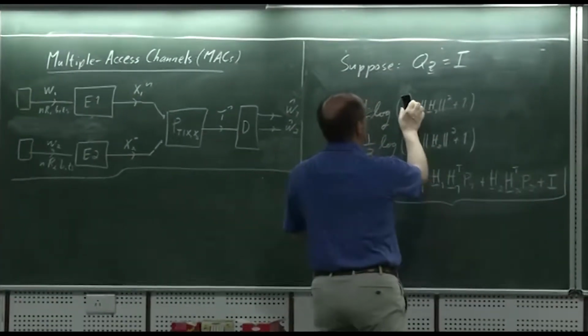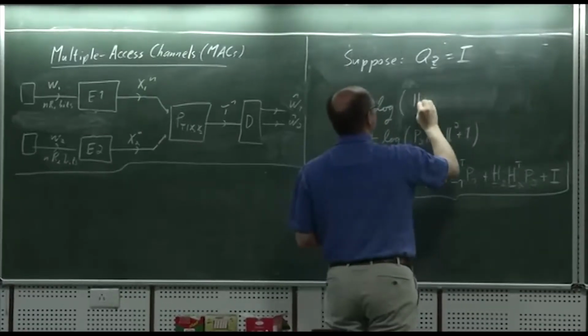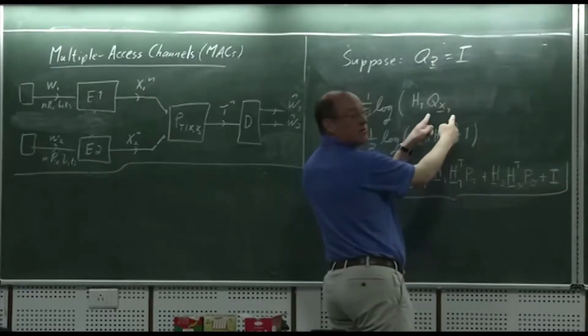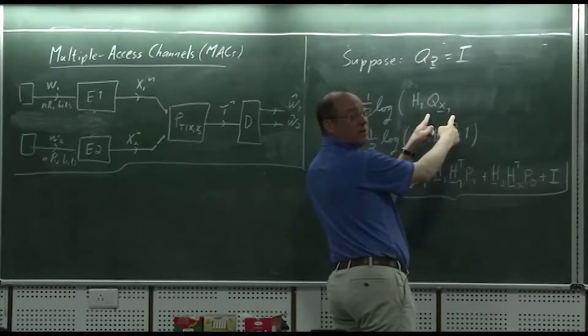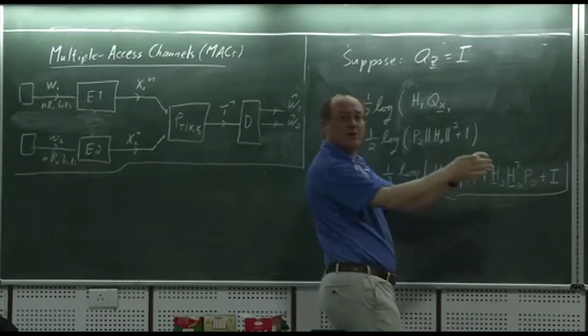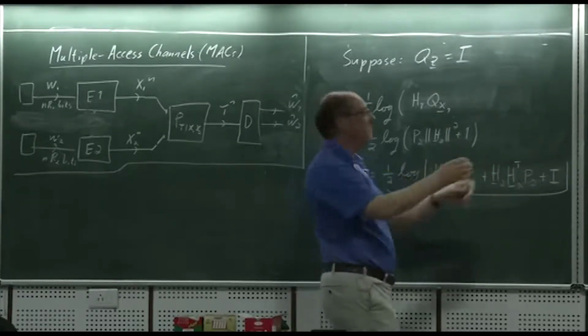So if I write back what the rate region looked like, let me write that again. So we'll get H1, which is now a matrix. This is a covariance matrix which we don't have only one parameter for, but many parameters to optimize, right? Because we want to do some beam steering now at the transmitter. So if your laptop had more than one antenna, it could start steering the beam too.